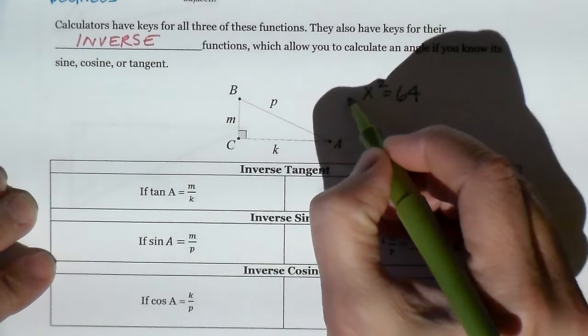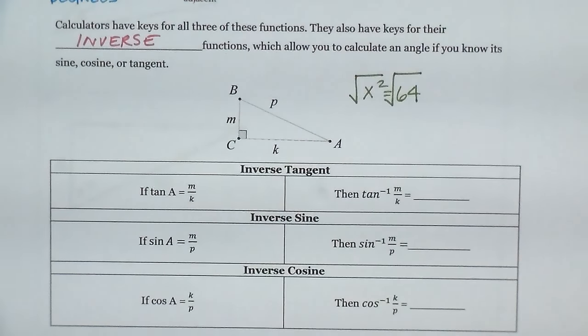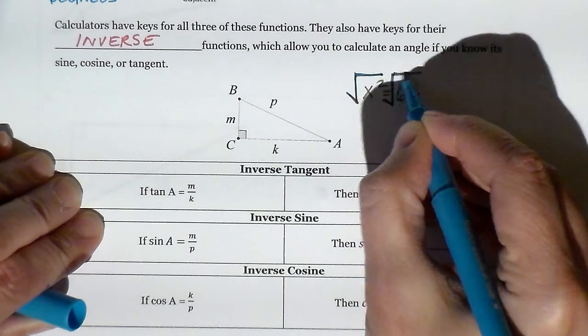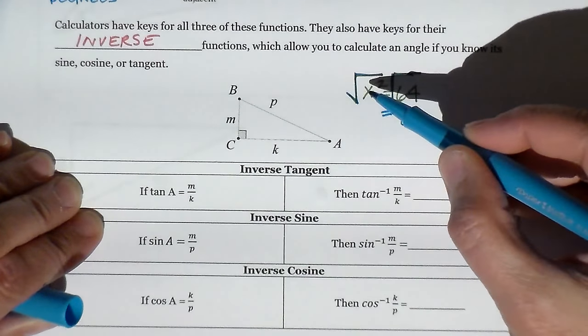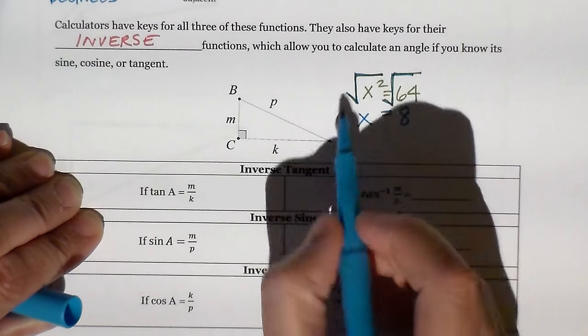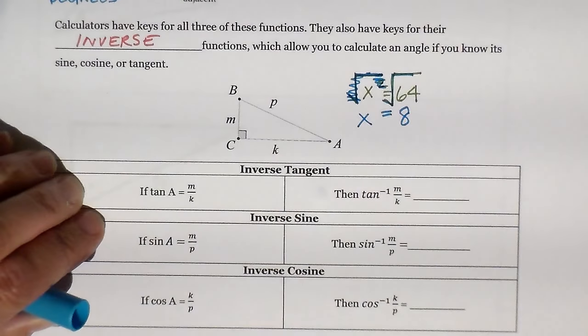The inverse is to take the square root of both sides. In fact, I'll show you that in a different color so you can see it. This becomes 8, because what happens when I square root x squared? It just becomes x.